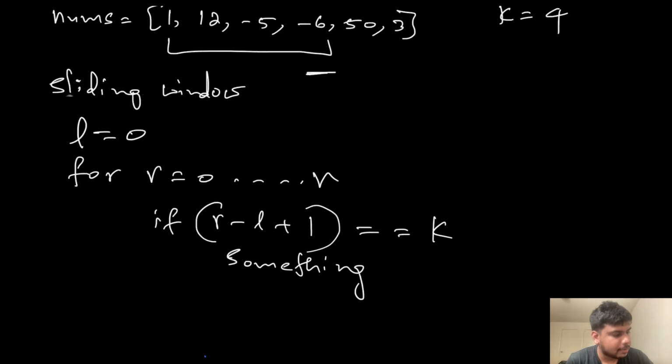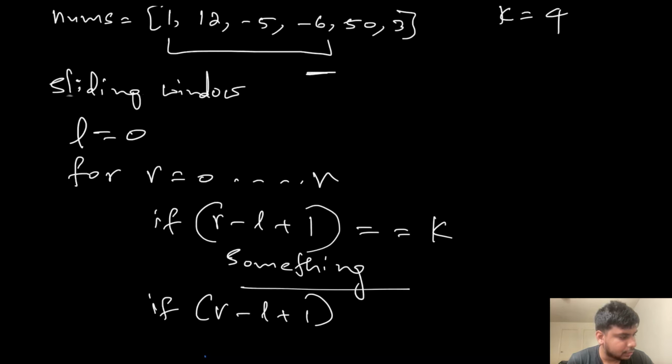And if at any point the size of the window, R minus L plus 1, exceeds k, then increment your L, because the size of the window is no longer equal to k, that's why you increment L.